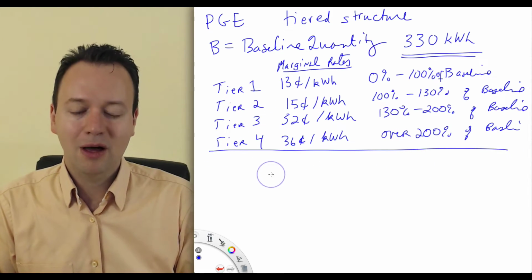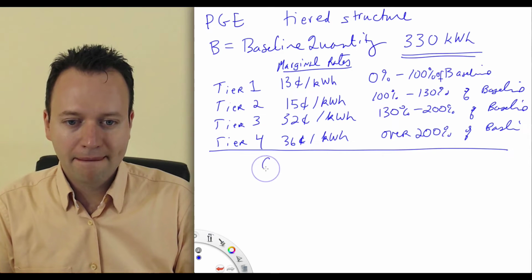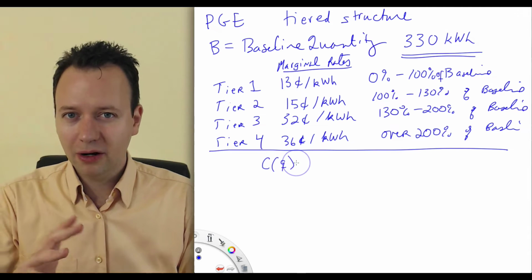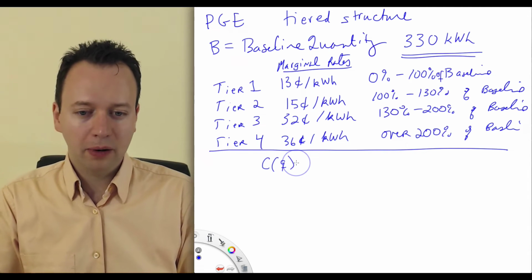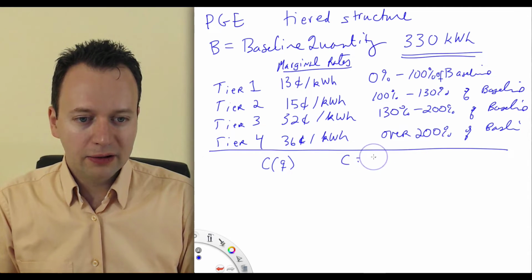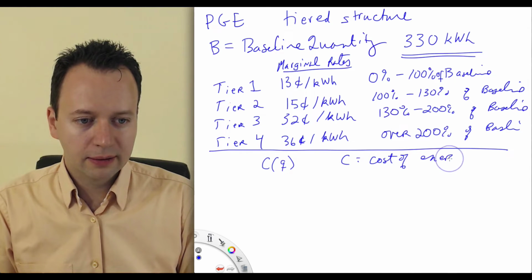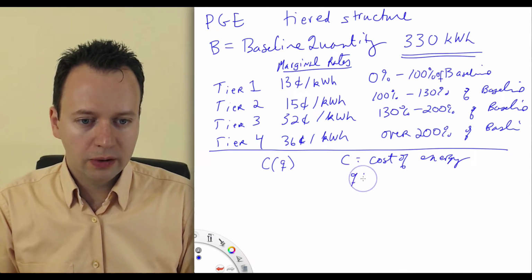Okay, so let's come up with C of Q. Let's use something other than f of x, it gets boring. So C is the cost of energy, and Q is the quantity.